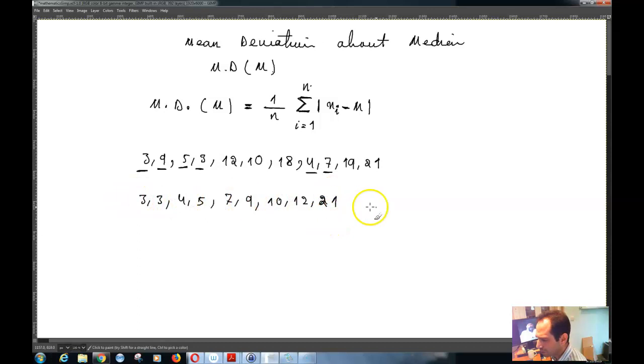Now your numbers have been written in ascending order, but I forgot the 19 and 18, so let me erase all of this and do it again.